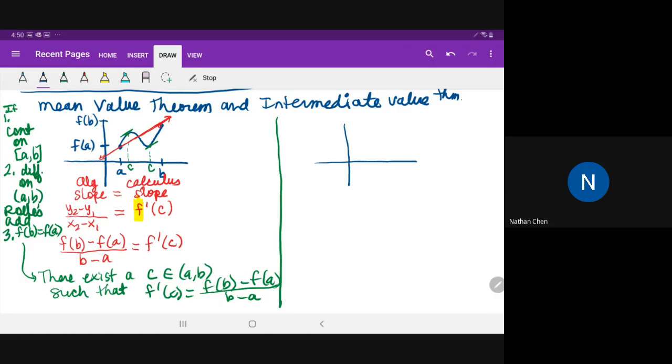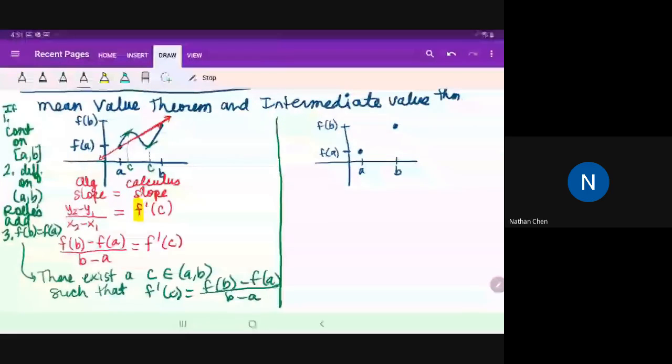Okay, so what you have is you have f of a, you still have a, you still have b. Okay, so it looks like the same picture from here to here. So you have those two values. And then intermediate value theorem, where you've normally seen it, is that f of a was below the x-axis.